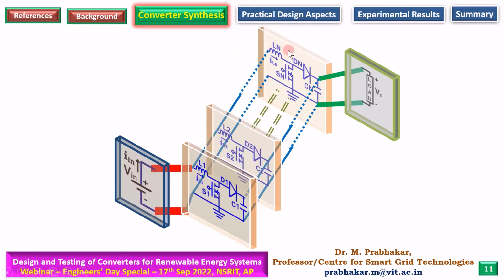So this is now called an n-phase interleaved boost converter, which I abbreviate as IBC. It is called n-phase because there are n number of phases. And how do we overcome the ripple? How do we negate the ripple? That we will see.